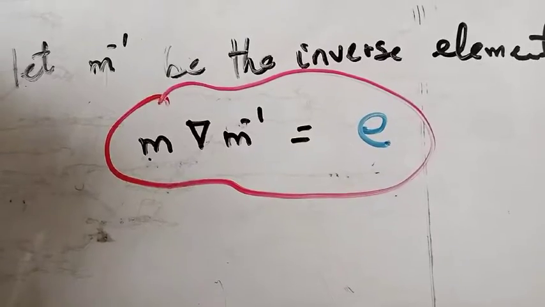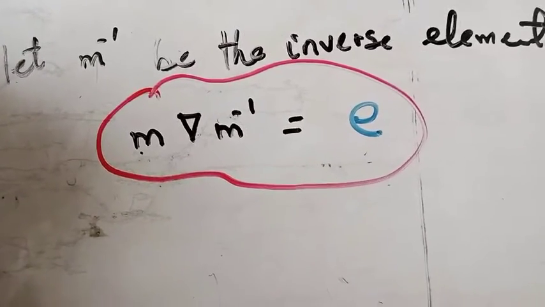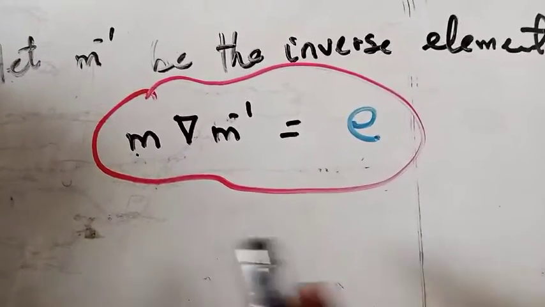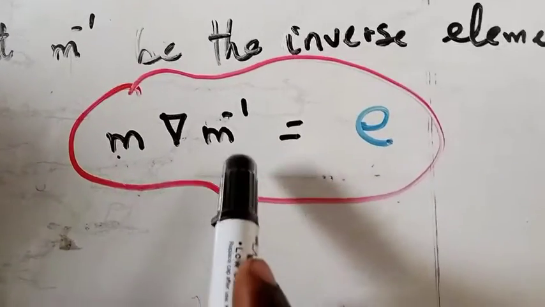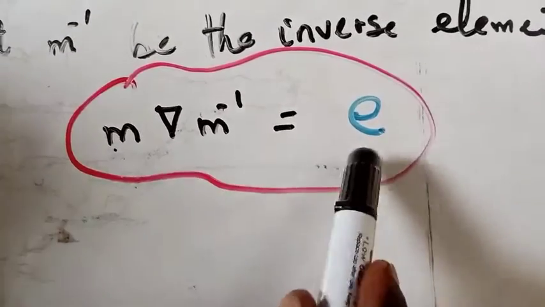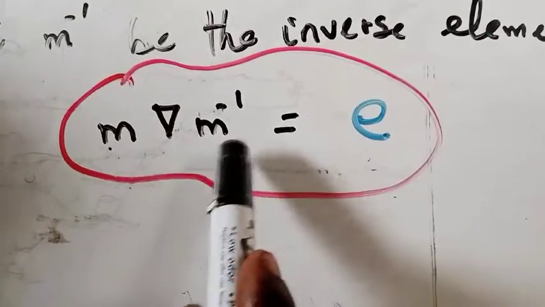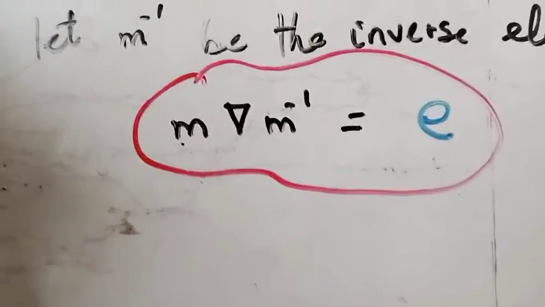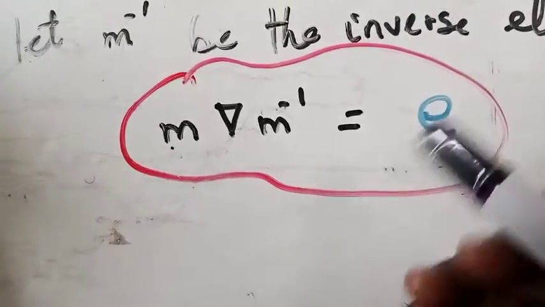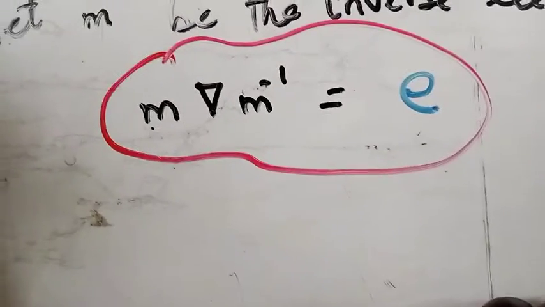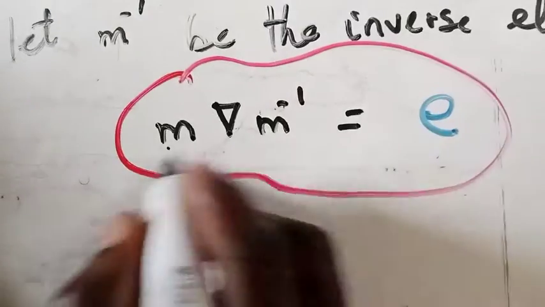You must know this before you can find the inverse of any element. It's your duty to know the identity first before you can find the inverse of an element. If that is not given, you have to represent it by any variable.